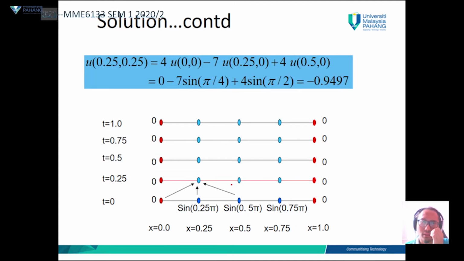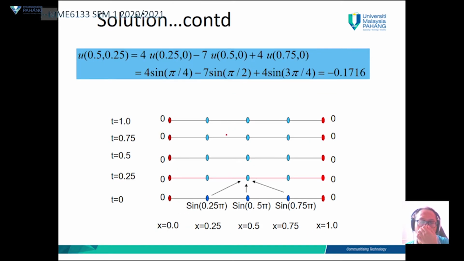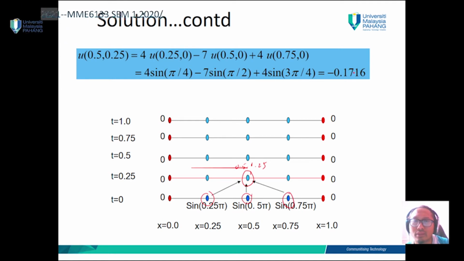We can compute the value by substituting all the values that we have for x and t, where we get the value for u at 0.25 as minus 0.9497. Similarly, we can do the same for the next node, node 0.5, 0.25. We just replace the values with the nodes from here, and we obtain minus 0.1716.